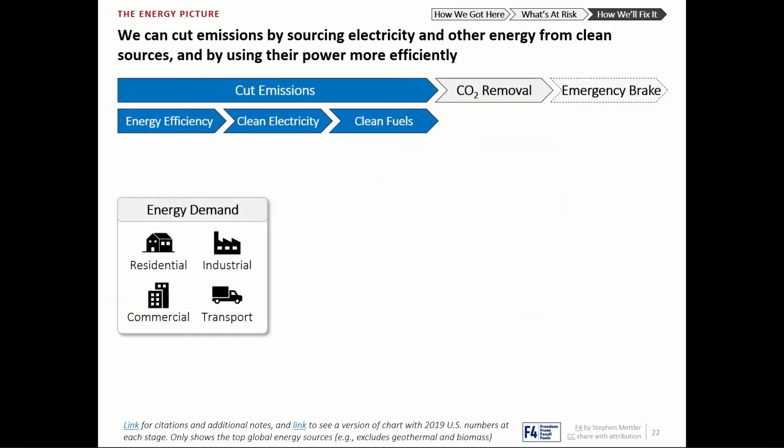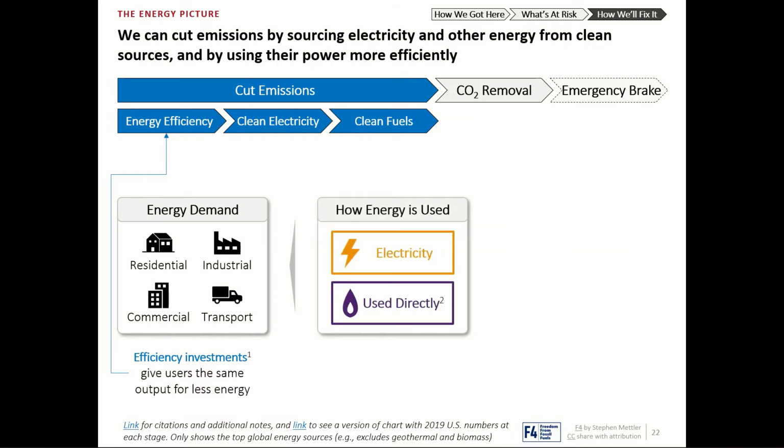Cutting emissions can be broken into energy efficiency, which is just investing in better technology that uses less energy to get the same level of output. The other two parts of cutting emissions are using clean electricity and clean fuels. So if we look at how energy is used, it's either used as electricity or through direct use, and most often that is fuels.